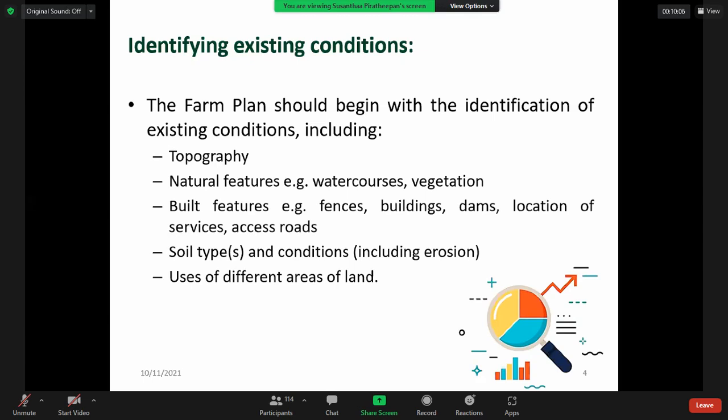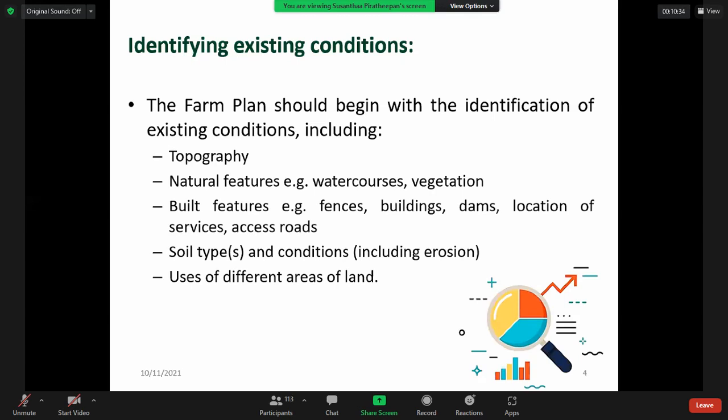Natural features means we need water for the farm activity. If we have water courses or water channels, we can have a direct water supply. Or the vegetation, we can use as feed, or as natural product barriers. For that purpose also, we want to check what natural features we have.